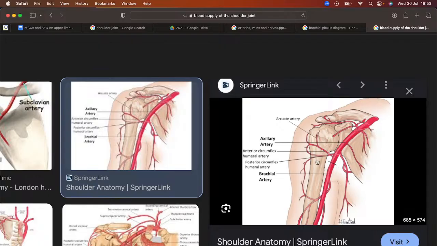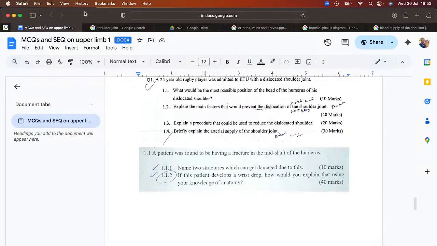They go around the surgical neck of the humerus. So those are very important branches that you shouldn't forget to mention. Again, the order of the branches is very important for you to achieve the 30 marks. Obviously, remember that after the diagram, you'll have to write everything down.